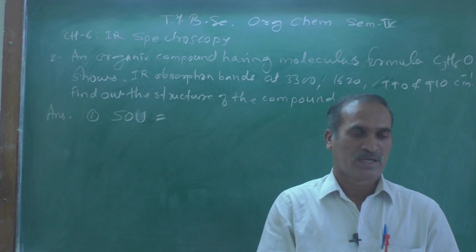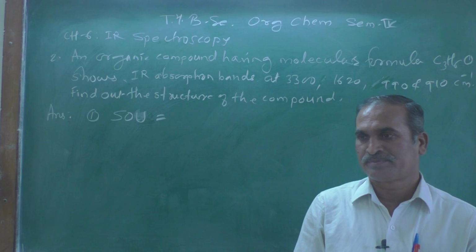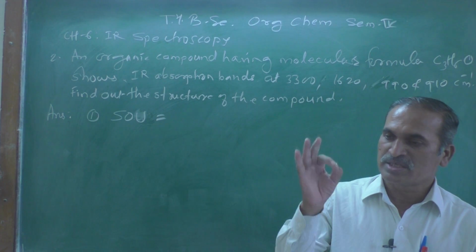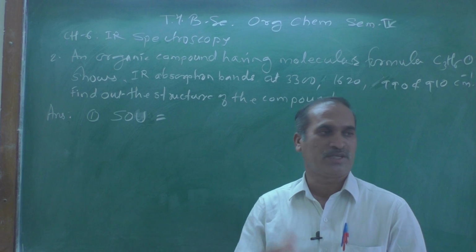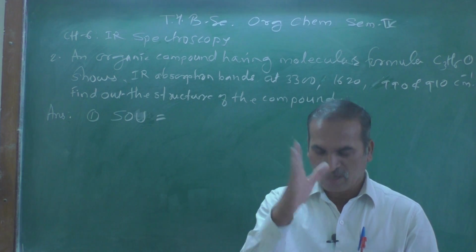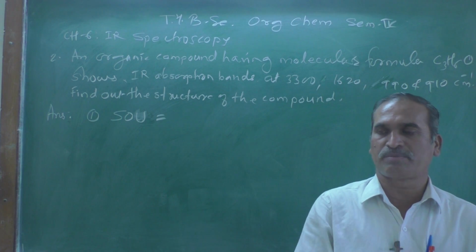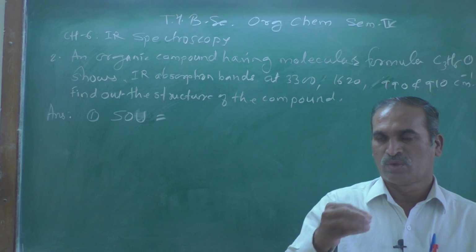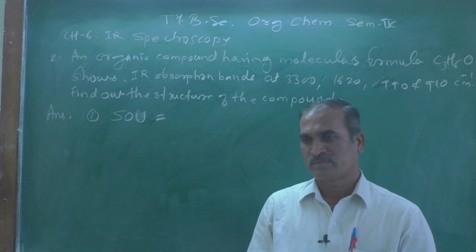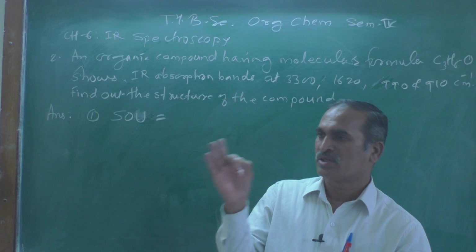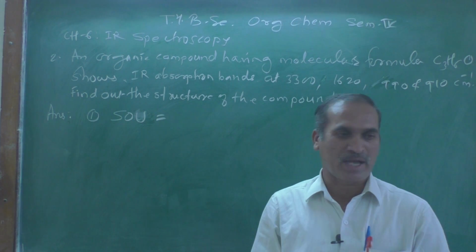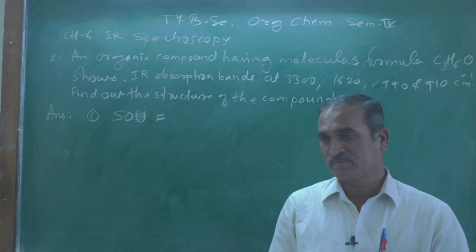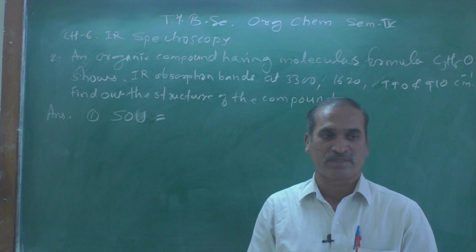Each nitrogen atom is replaced by CH, and if halogen atoms are present, chlorine, bromine or iodine, then each is replaced by a hydrogen atom. So this is the first method.